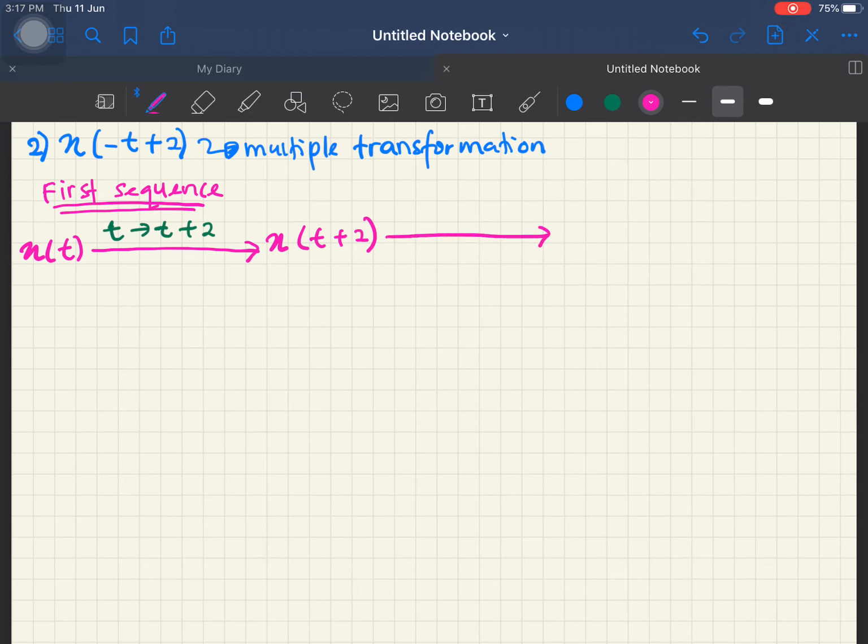After you do the time shifting, you then do time inversion of t to minus t, so it will become x of minus t plus 2. How do you do that?